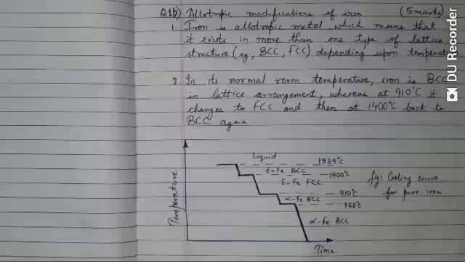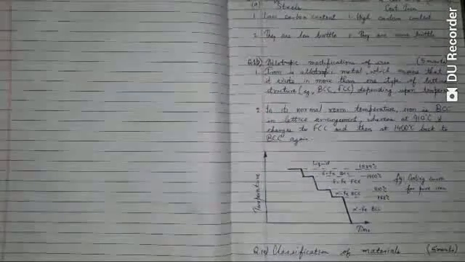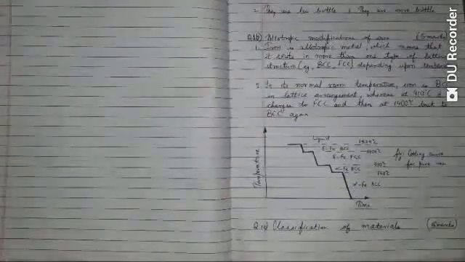It is shown as alpha up to 910, and after 910 it is delta. So this has been represented in this diagram. You have to elaborate each point and also explain the diagram in detail. Here I have given you just a small explanation about the question.